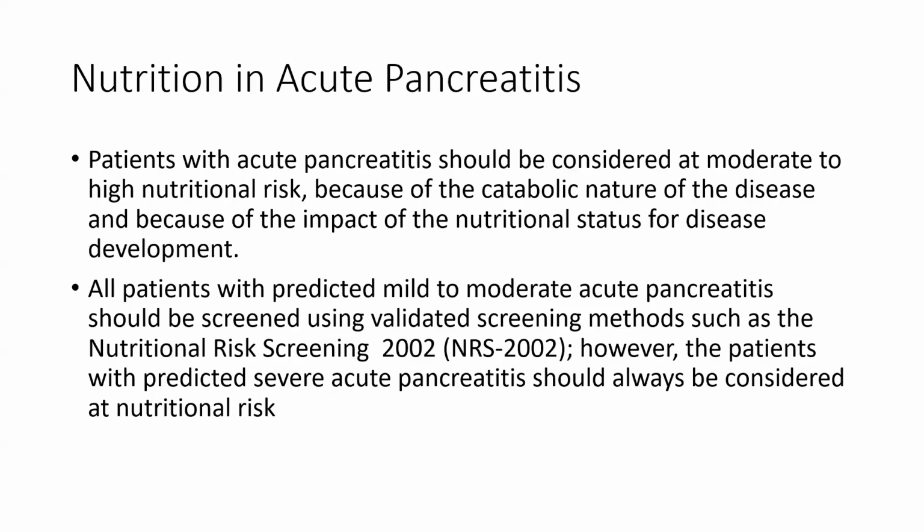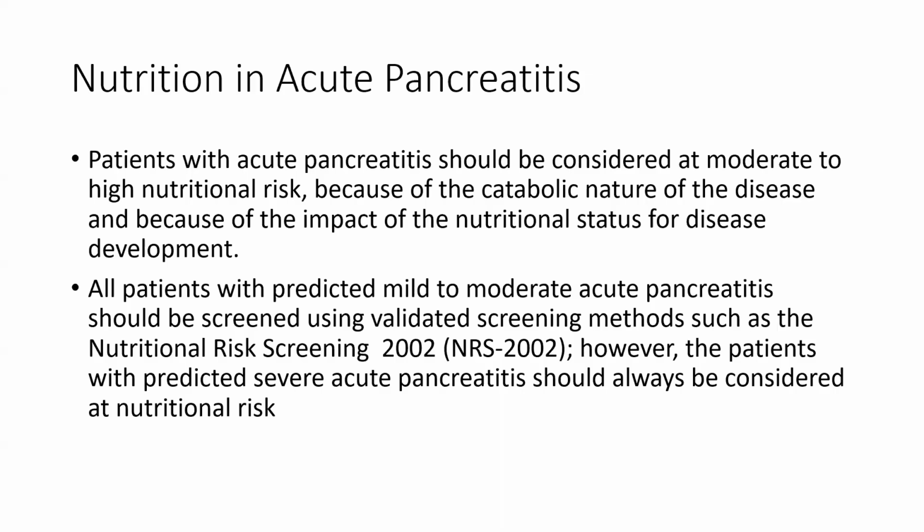Now let's discuss nutrition in acute pancreatitis. Patients with acute pancreatitis should be considered at moderate to high nutritional risk because of the catabolic nature of the disease and because of the impact of nutritional status on disease development. All patients with predicted mild to moderate acute pancreatitis should be screened using validated screening methods such as Nutritional Risk Screening 2002.